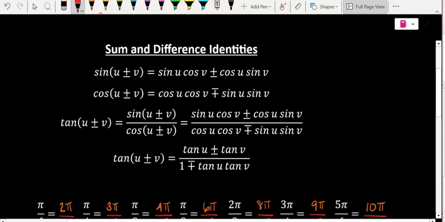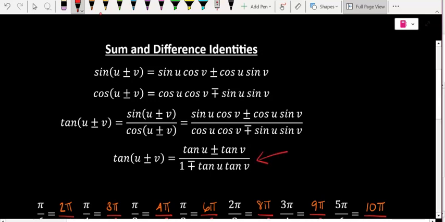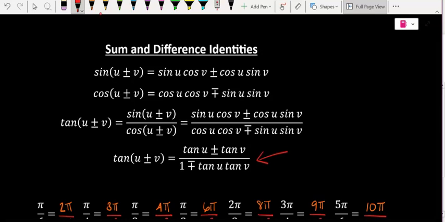So this is just your sine of u plus or minus v right here on the top, and the denominator is the cosine of u plus or minus v. That's what we get. The alternative is this formula right here, where I just do the tangent of my first angle plus or minus the tangent of my second angle, all divided by 1 minus or plus the tangent of the first times the tangent of the second.